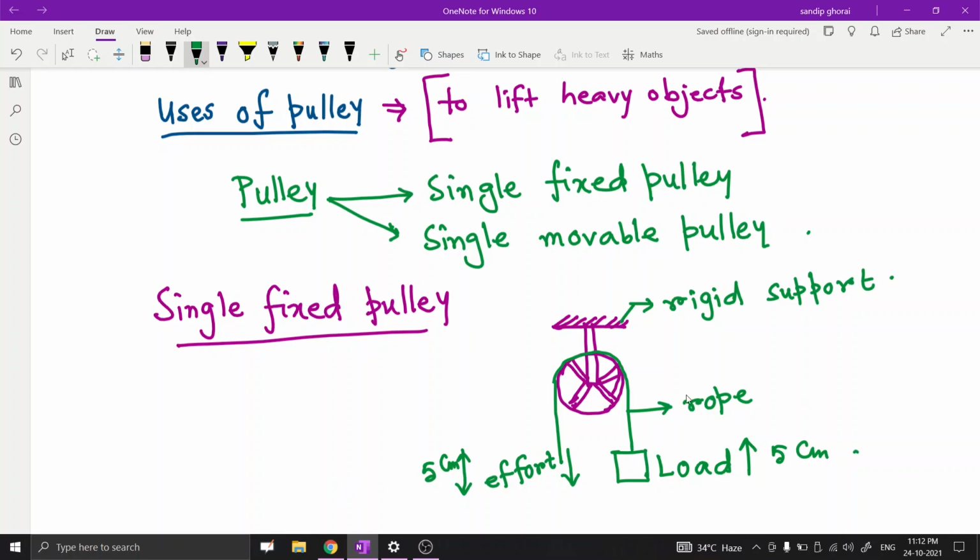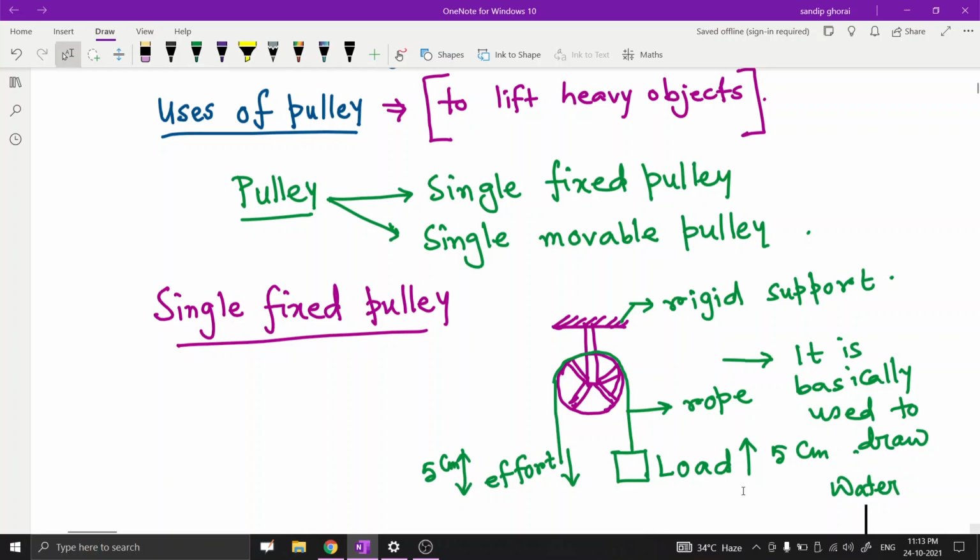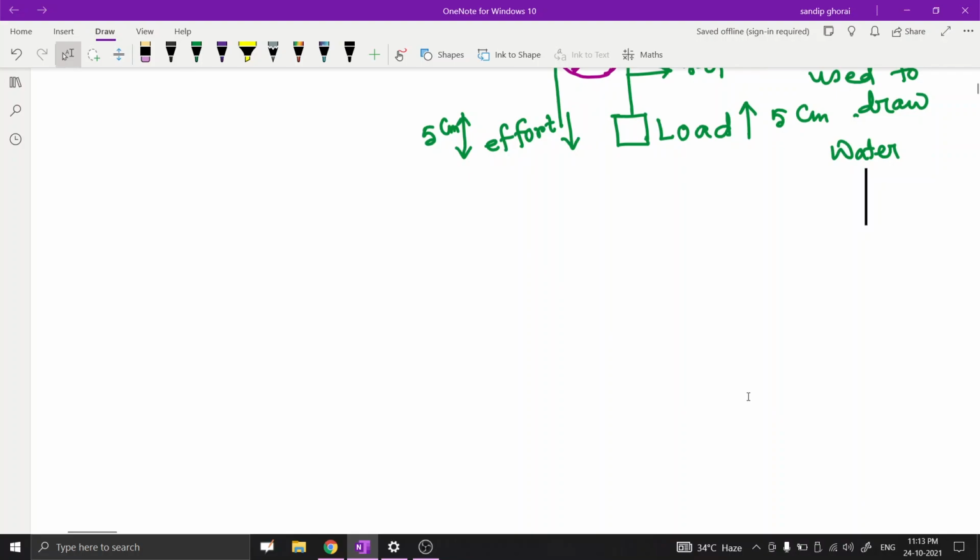This type of pulley is commonly used to draw water from wells.